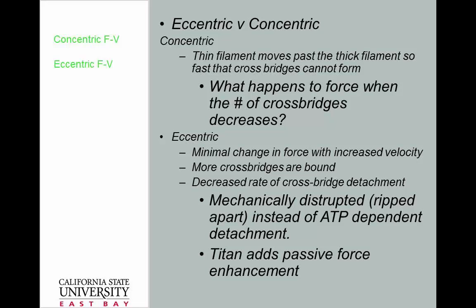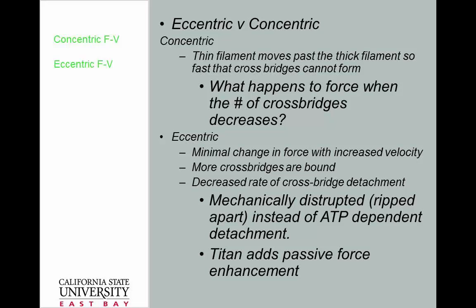Now, how do we get that decreased rate of cross bridge detachment? People believe that since the cross bridges are not separating and then reattaching, they're basically being ripped apart. So it's a mechanical disruption and not based on ATP dependent detachment.